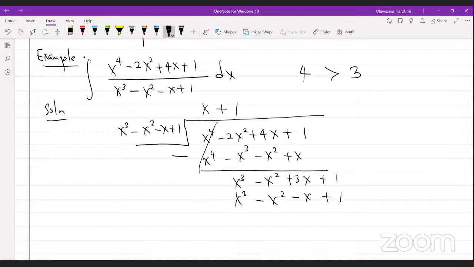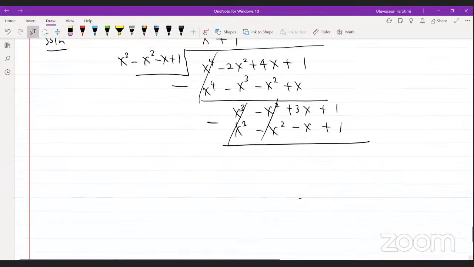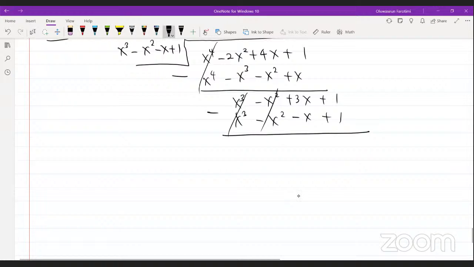So these are common, right? How can I get rid of this? I got to subtract. If you subtract, this goes to 0, this goes to 0. 1 minus 1 goes to 0, so you're left with 4x.